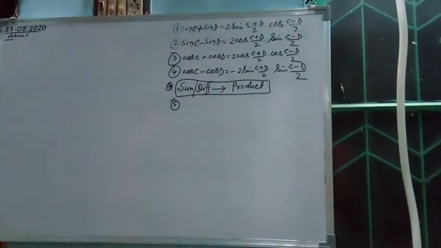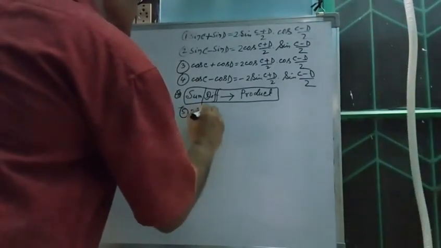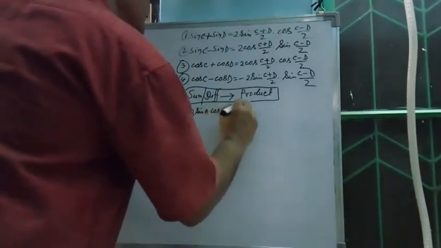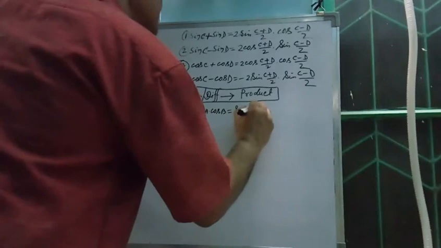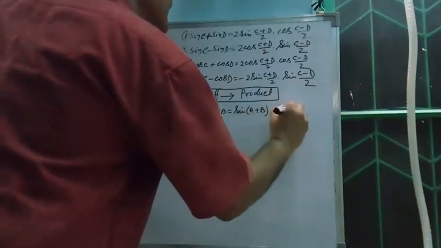Formula number 5: 2 sin A cos B is equal to sin (A plus B) plus sin (A minus B).